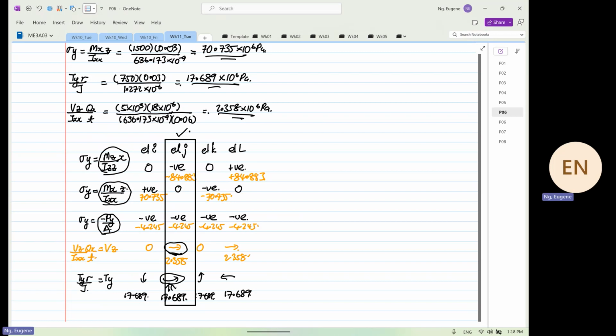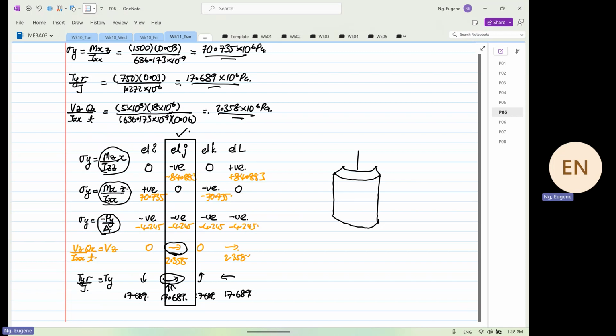Are we clear? So if we were to now sketch the element in 3D, element J, this is our element.